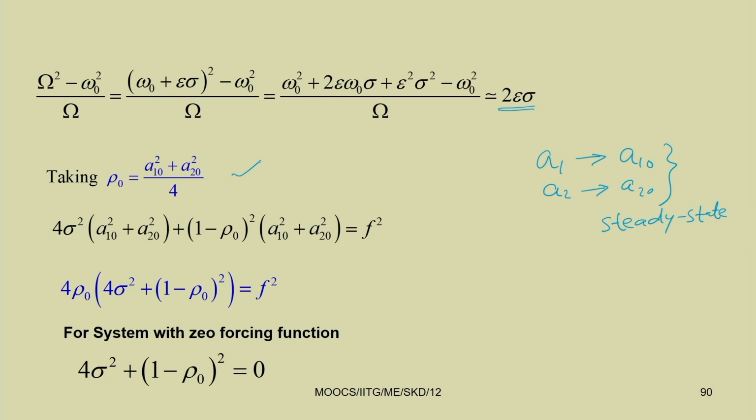So, we can conveniently write the equation in this form, that is 4 sigma square into (a1 0 square plus a2 0 square) plus (1 minus rho 0) square into (a1 0 square plus a2 0 square) equal to f square, or it can be simplified and written in this form, that is 4 rho 0 into (4 sigma square plus (1 minus rho 0) square) equal to f square.